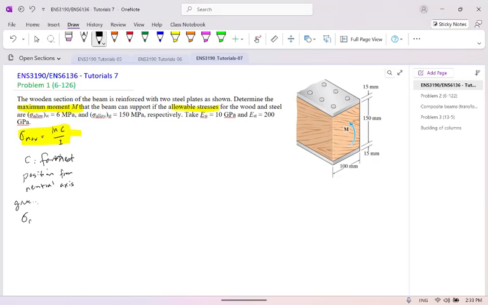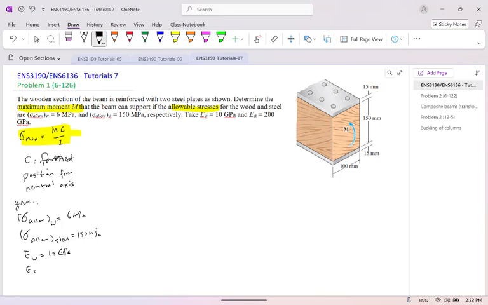So we'll state the given parameters first. The sigma allowable for wood is equal to 6 megapascals. The sigma allowable for steel is equal to 150 megapascals. The Young's modulus of wood is 10 gigapascals.